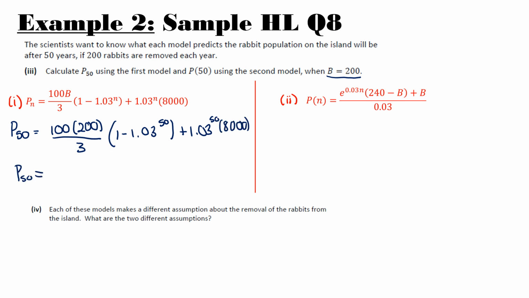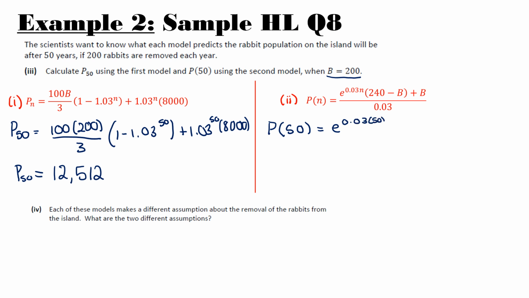And according to that first model, the number of rabbits will be, putting this into the calculator, 12,512. For our second model, we're going to do P of 50. Again, N becomes 50 and B is still 200.